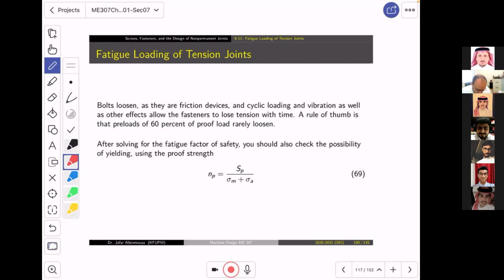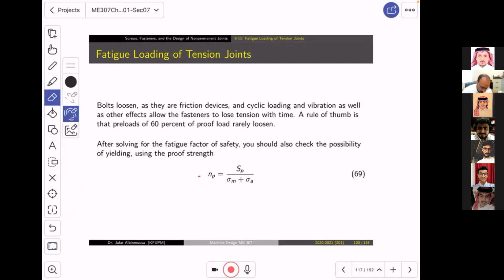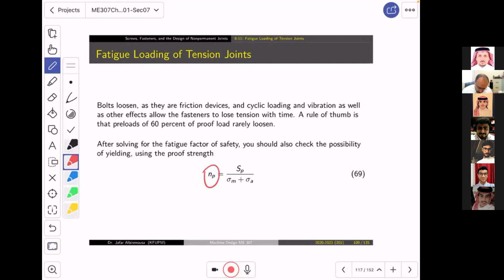Okay, so as we did before, if we have cyclic loading, we are always afraid that the first cycle will trigger yielding, which is here the proof load. So what are we going to do? We are going to use our same convention. NP for fatigue is equal to SP, which is the proof strength, divided by the sum of the mean plus the amplitude.